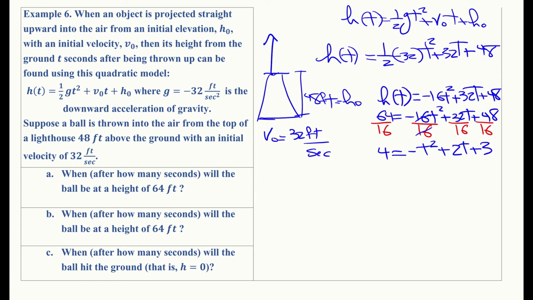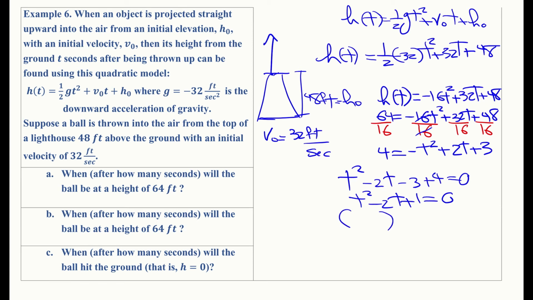Let's go ahead and move everything to the left side. Notice the t squared has a negative coefficient, so it's better to just take it to the left side. So we get t squared minus 2t minus 3 plus 4 equals 0. So t squared minus 2t plus 1 equals 0.